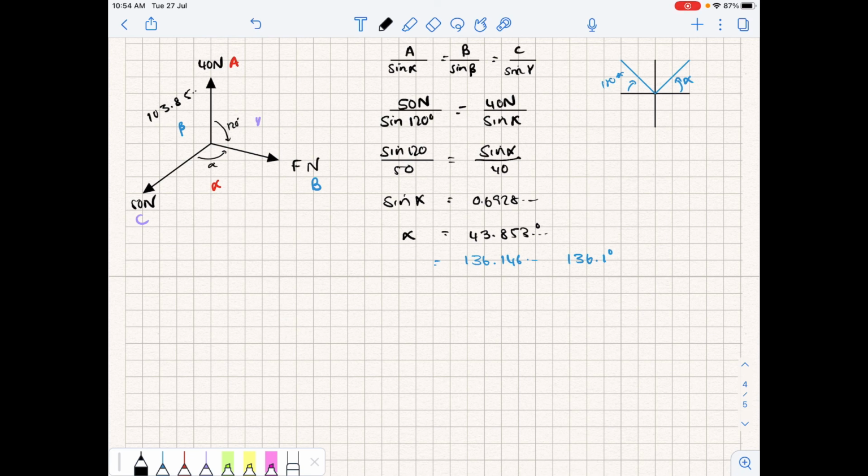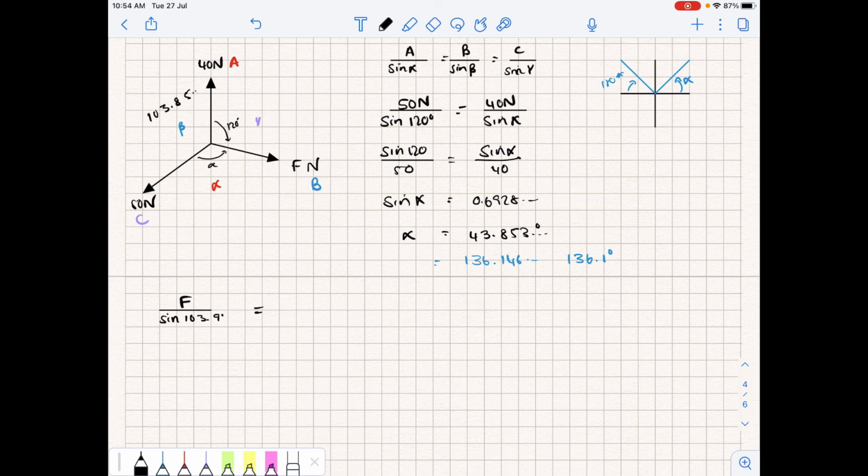So this force, using Lami's theorem, divided by the sine of the angle opposite it, which is this 103.9 degrees that we've just worked out, must be the same as the magnitude of the side and the angle of one of the other 2 vectors.